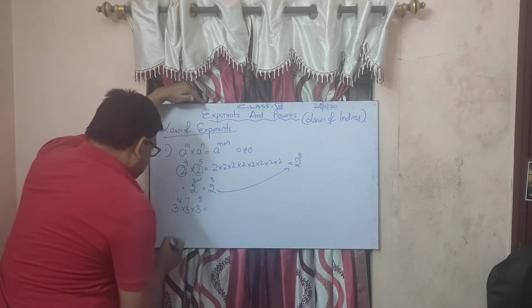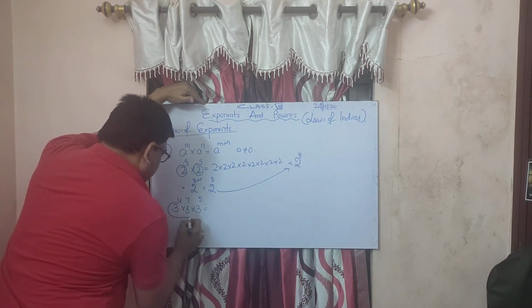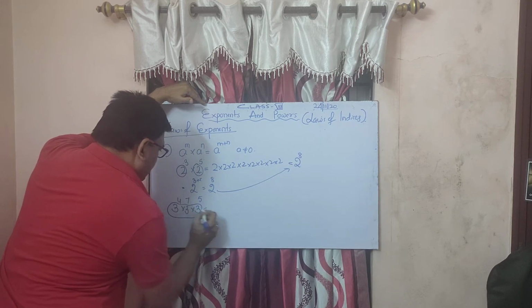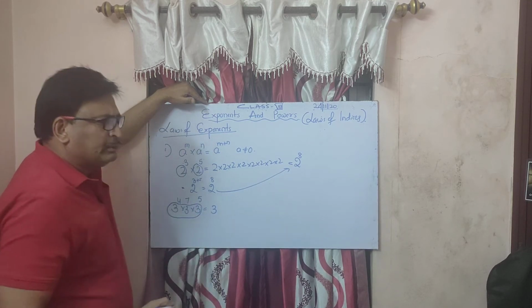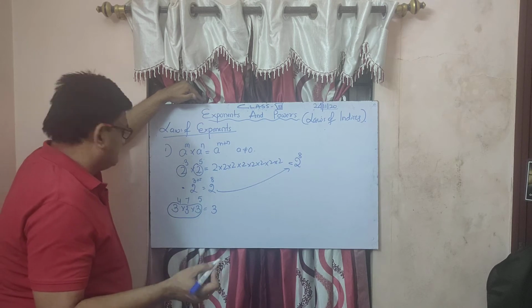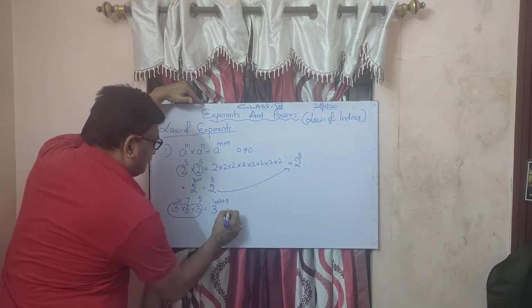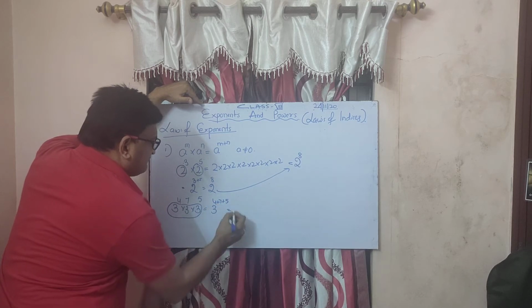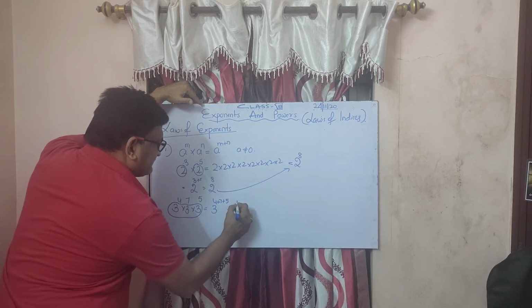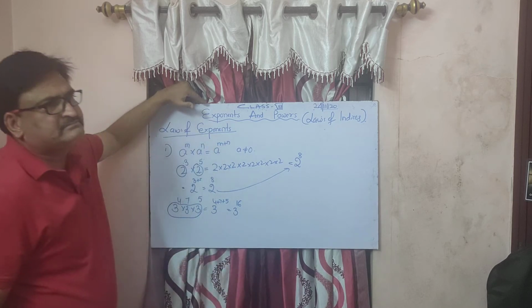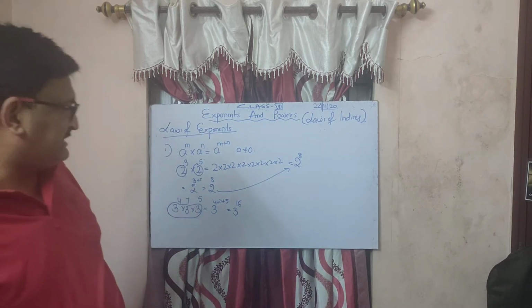If the base is the same, you have to add the powers. 4 plus 7 plus 5. 4 plus 7 is 11, 11 plus 5 is 16. That's it. 3 to the power 16.